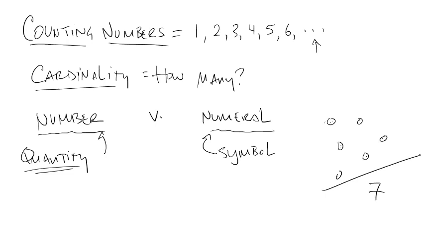This is a really subtle distinction between number and numeral, and you'll hear a lot of people use these two terms interchangeably. They do not mean the same thing. And the younger the student that you're working with, the more important it is that you understand this distinction between number and numeral.